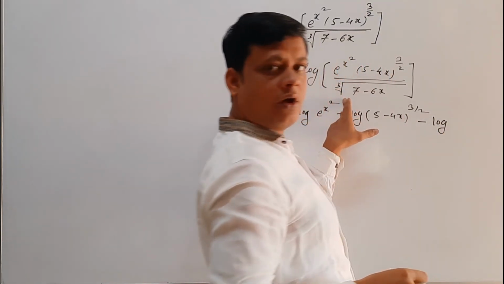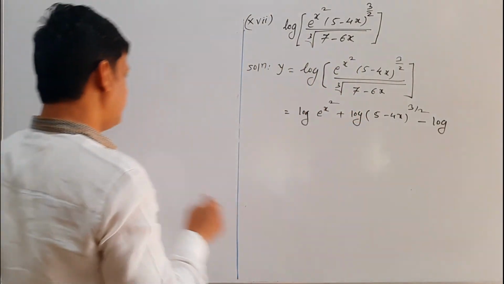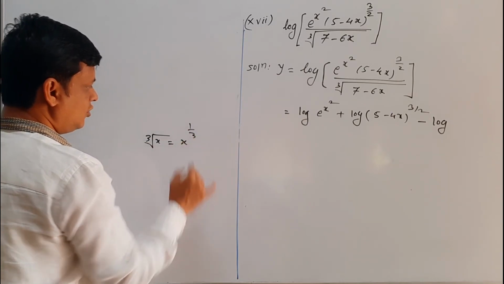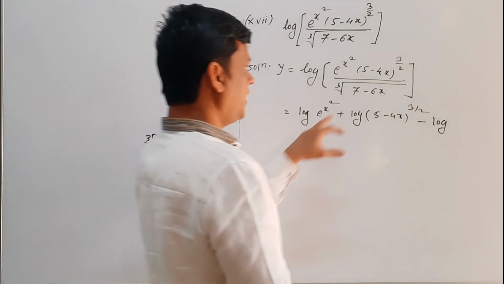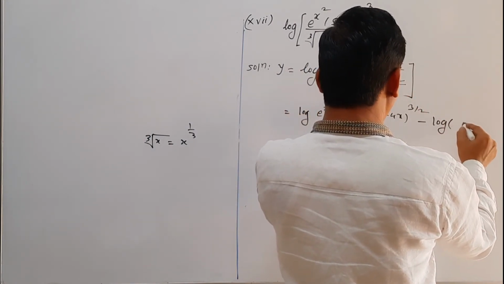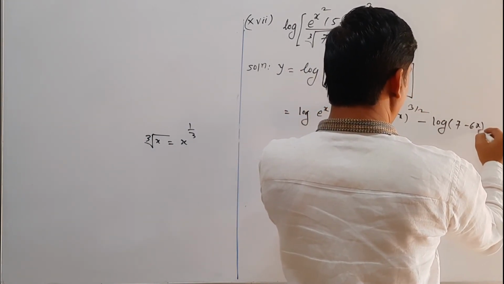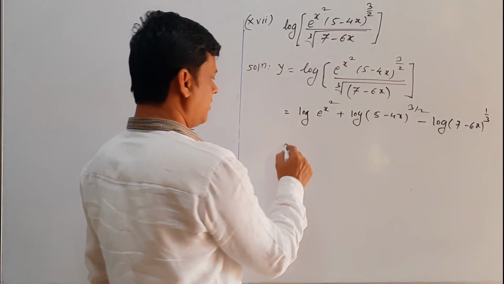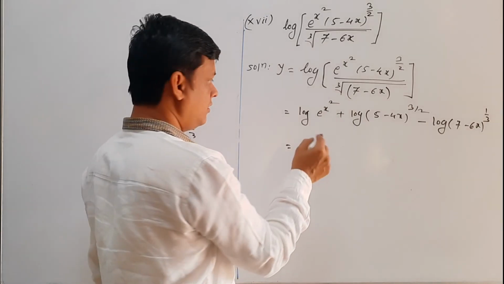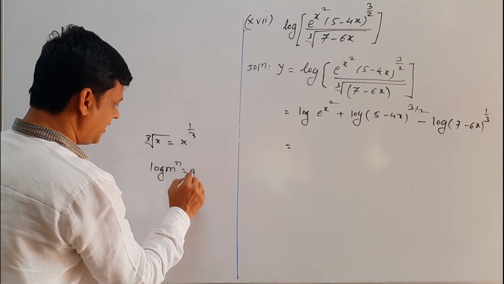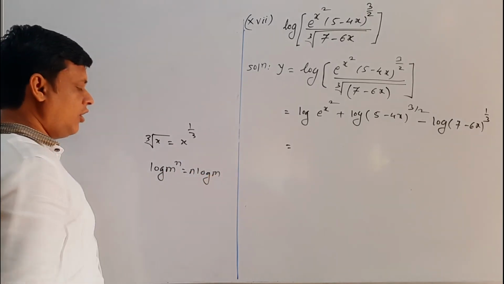So when we remove the cube root, we know that cube root of x can be written as x raised to the power 1 by 3. So we write this power of 7 minus 6x. So in log we write 7 minus 6x raised to the power 1 by 3. Now we have to write power in multiplication. We use the property log m raised to the power n as n log m.